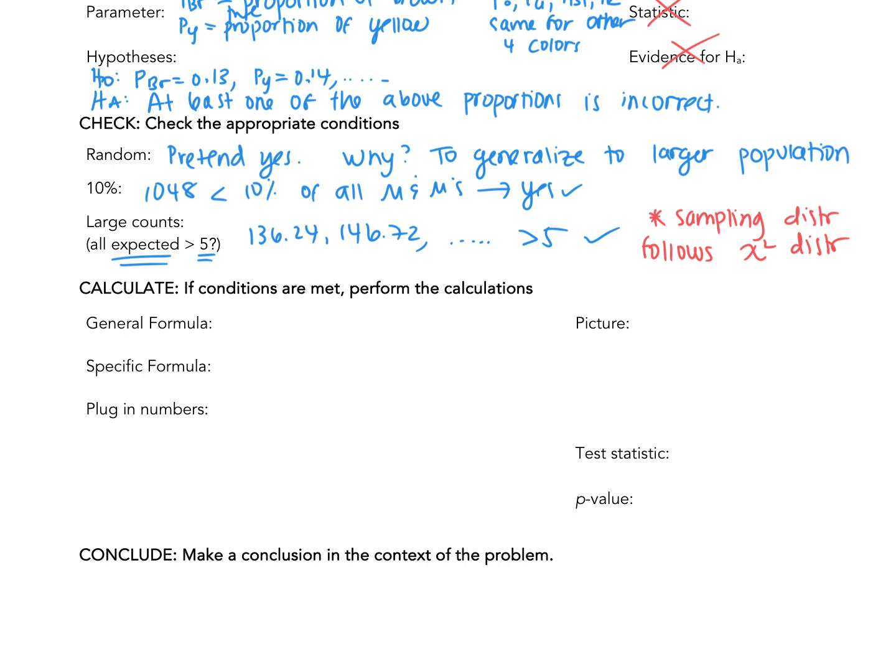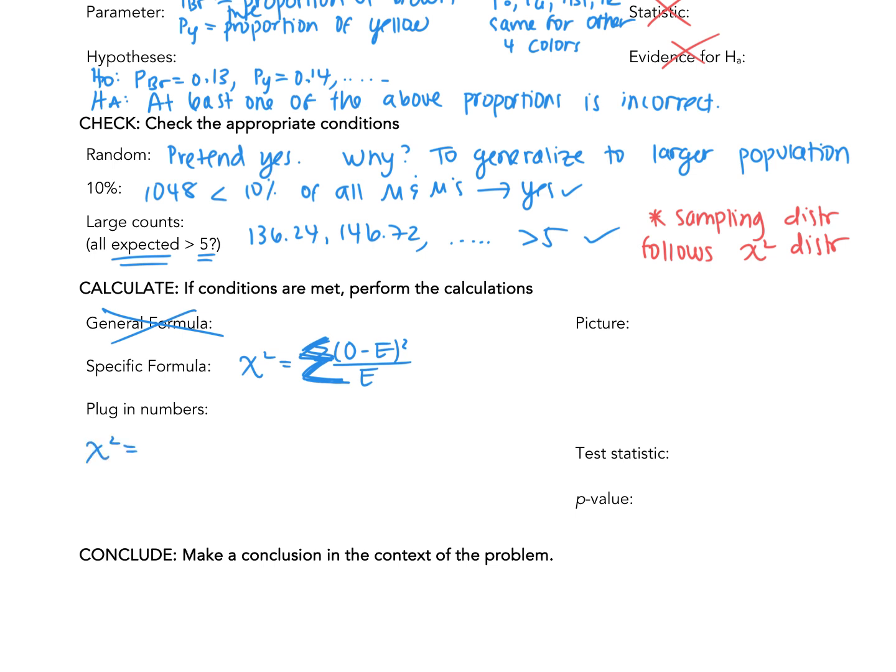Okay, then we're down to the calculate part. There is no general formula like in words. The specific formula is on the sheet like we've been writing, observed minus expected squared divided by expected. And actually this is the sum over everything. So then what you're going to do is show some substitutions.